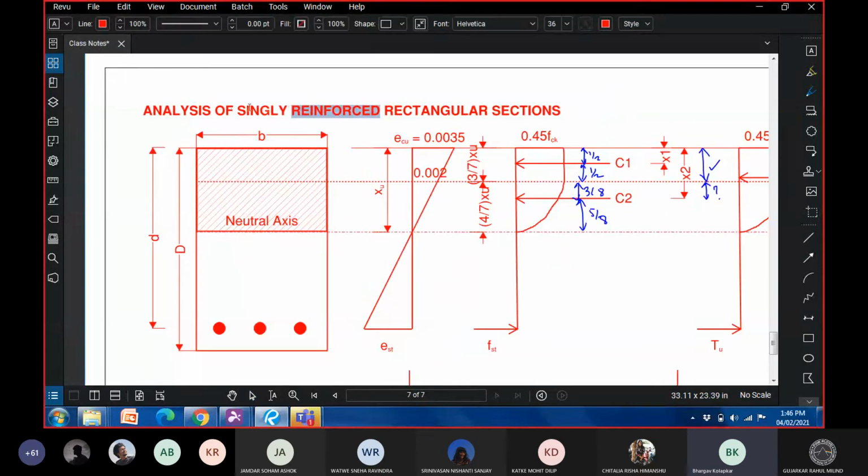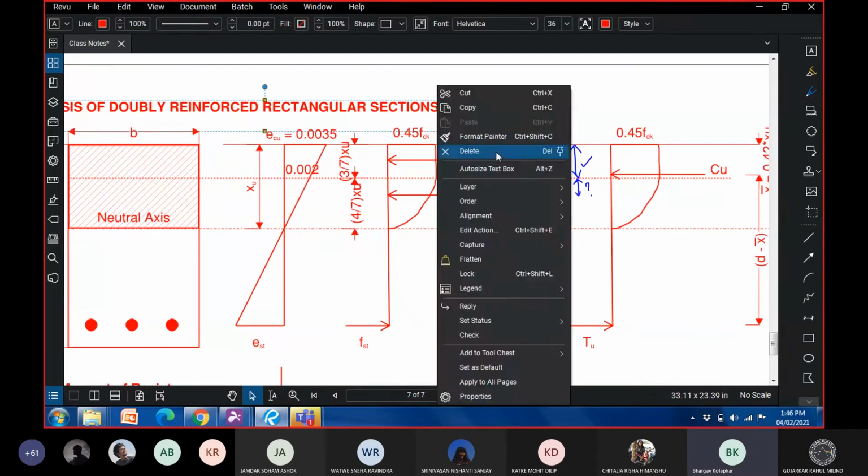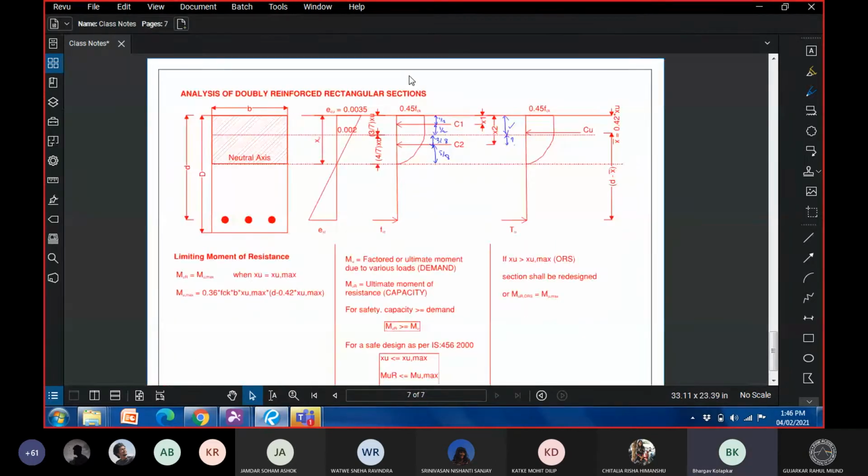Please write down the next heading, analysis of doubly reinforced sections. I think we briefly discussed it in the last lecture. Someone even asked a question about using reinforcement in the compression zone, since steel is not only strong in tension but also strong in compression. And the answer to it was the doubly reinforced section.